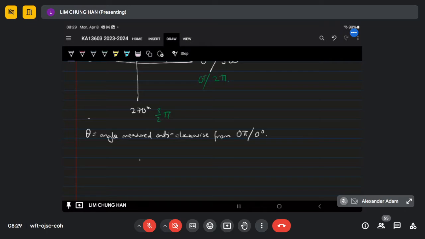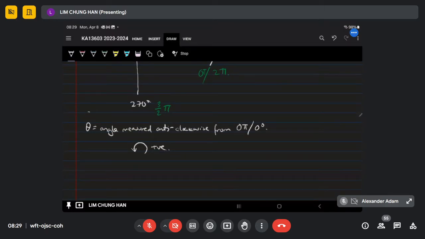If you go in that direction, it's positive. If you go anti-clockwise, then it's positive. You can actually also measure it clockwise, but it becomes negative.